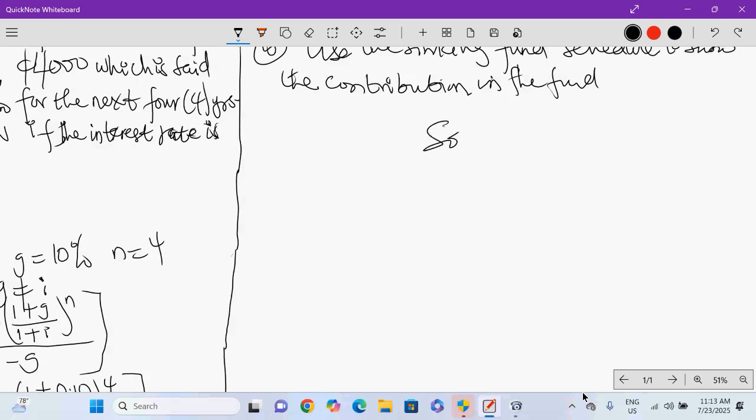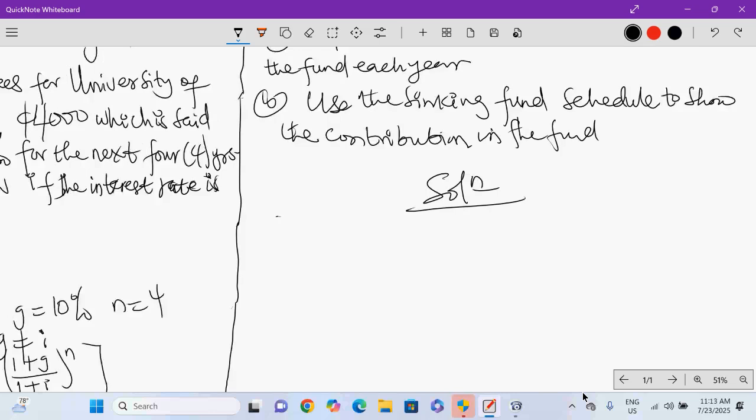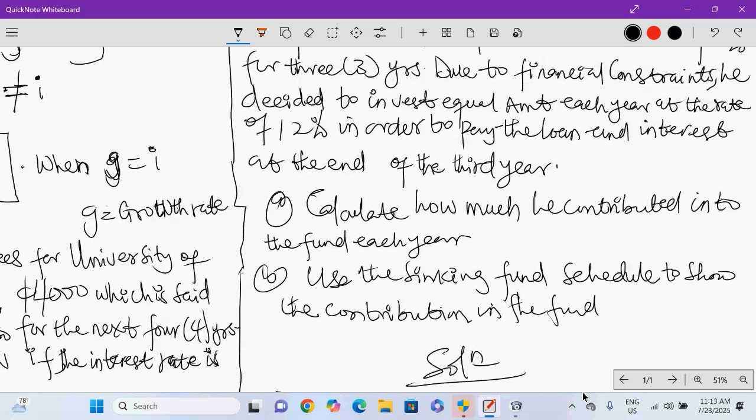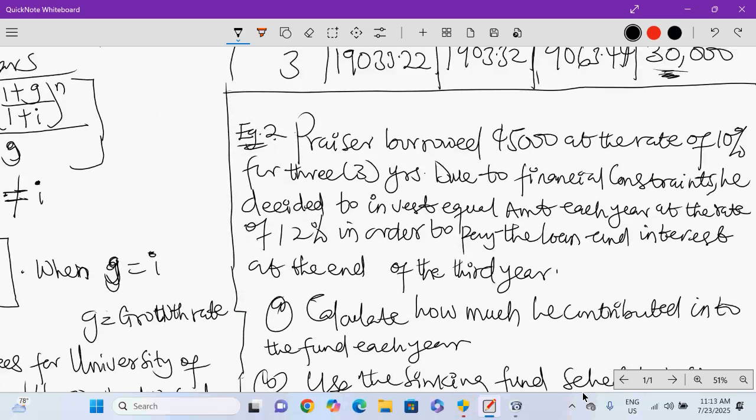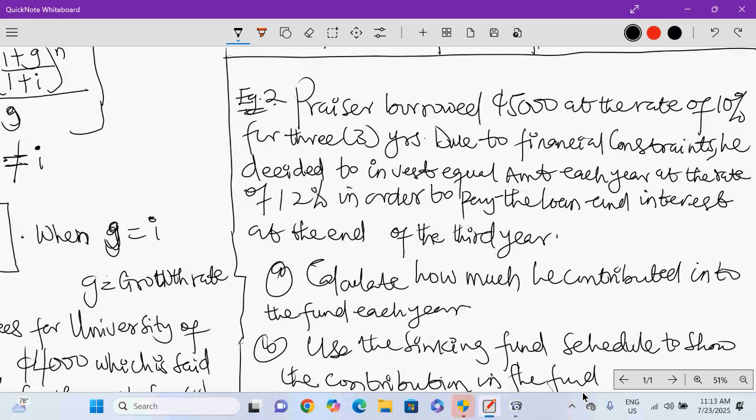All right, so now which of them are we using, the present value or the future value? Fraser borrowed 5,000 at a rate of 10%. So the 5,000 is the present value that he borrowed.